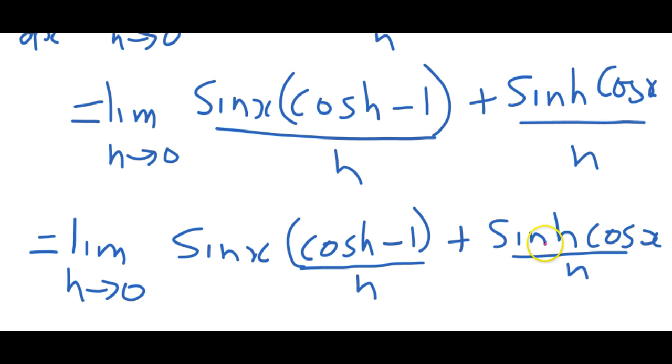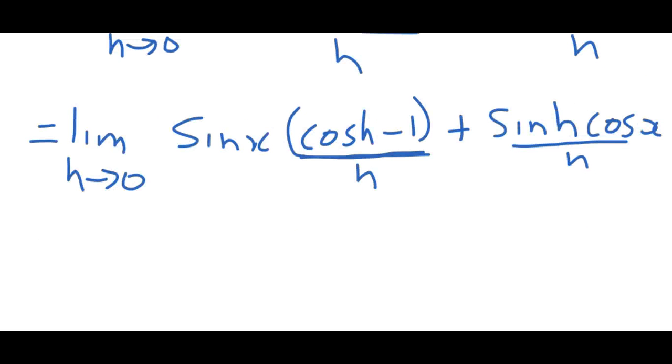The same thing, I've not done anything new, just that at this part of the equation, instead of letting everything be over h, I just want to have the over h on the cos h minus 1. Actually, when I expand, I'll still get everything over h, so there's nothing different here.